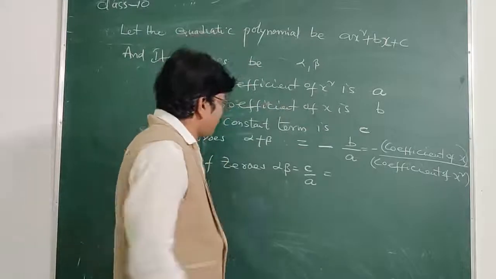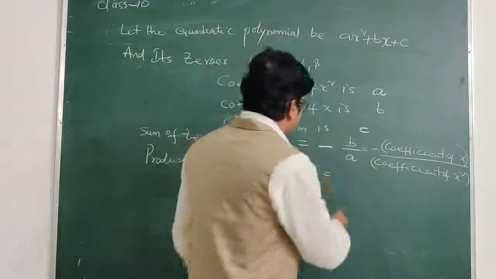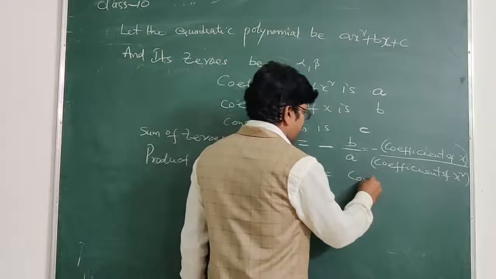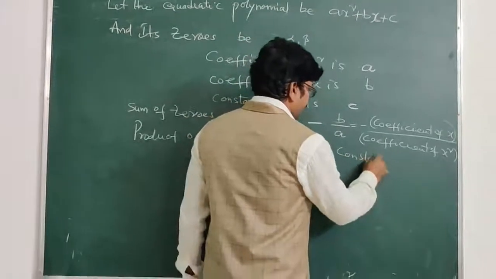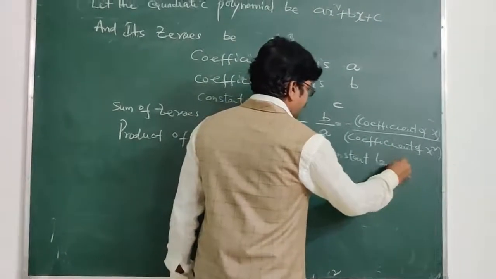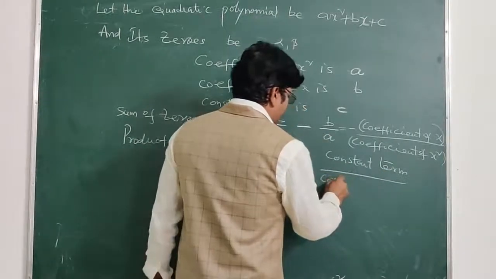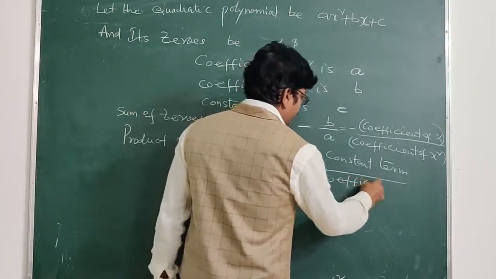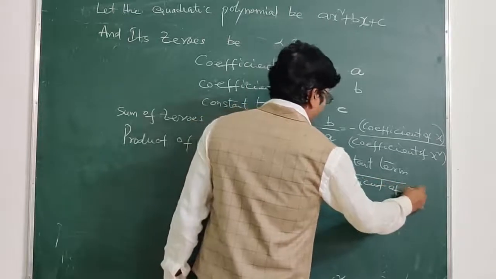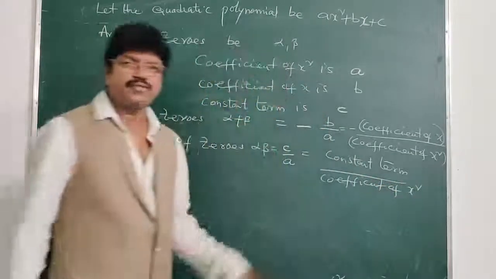Here, product of zeros alpha beta is c by a. C means constant term, by the coefficient of x square.